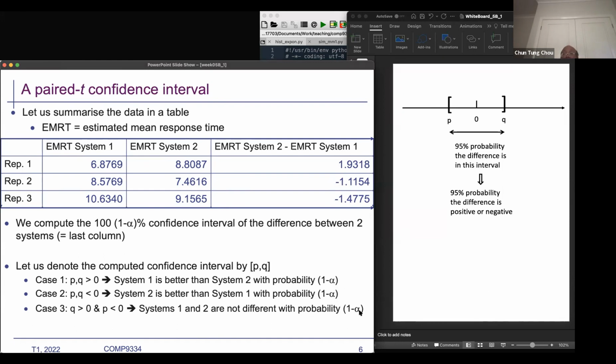Okay, so in this case, with 95% probability, we can't tell any difference between system 1 and system 2. So system 1 can be as good as system 2, and that is the conclusion.